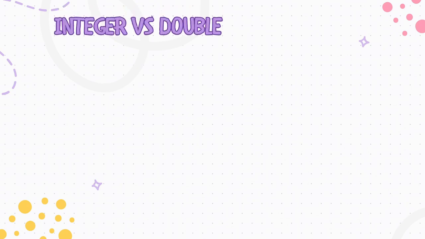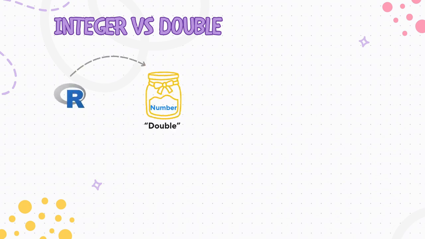Now let's discuss a common beginner confusion, that is integer versus double. When talking about numerical data types earlier, we stated that numbers in R are stored as doubles by default. That means even whole numbers are stored as double by default. Now, if we want to force the number to go from being a double data type to an integer data type, we would have to add an L suffix, that is, add an L at the end of the number.